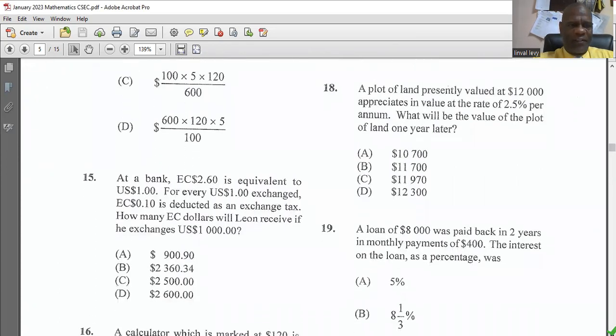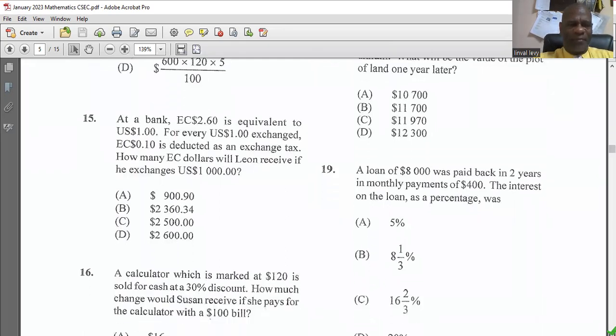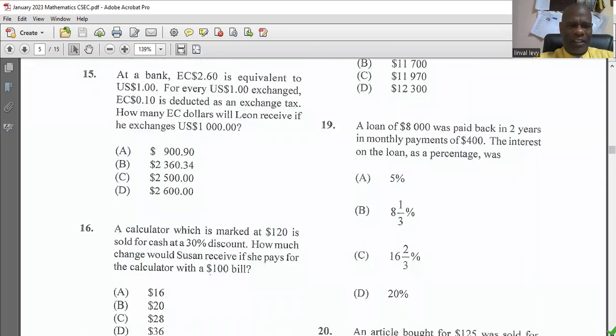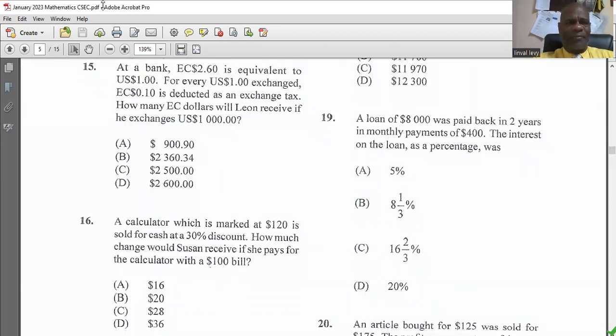So for number 15, at a bank, EC $2.60 is equivalent to US $1.